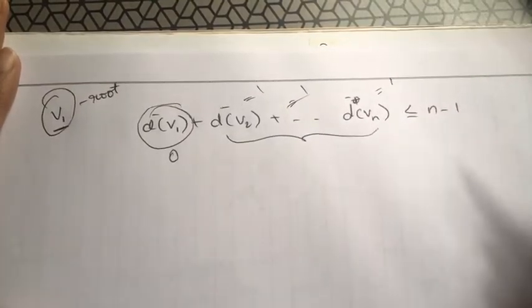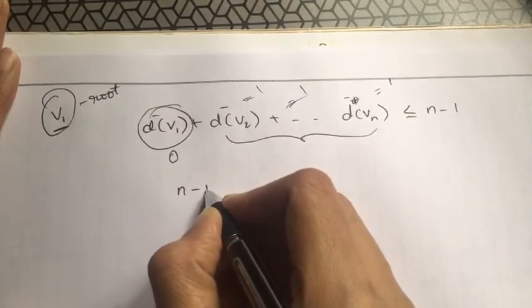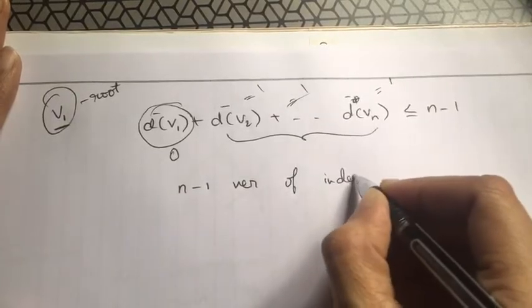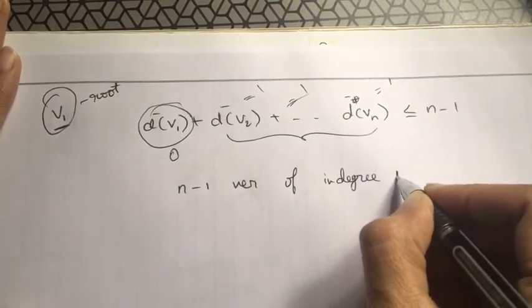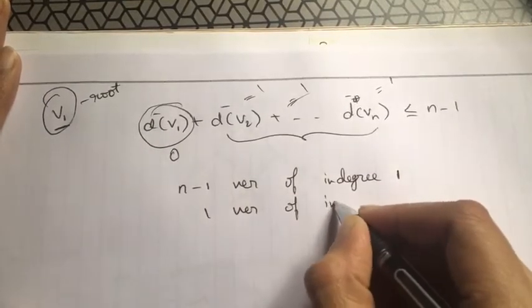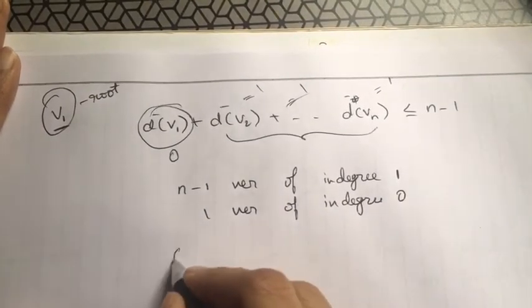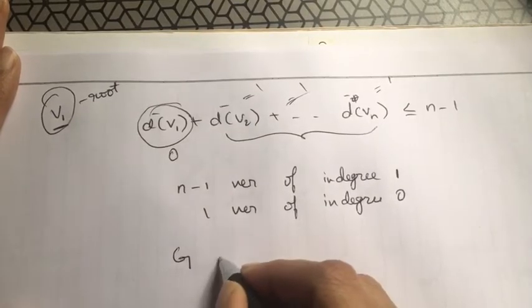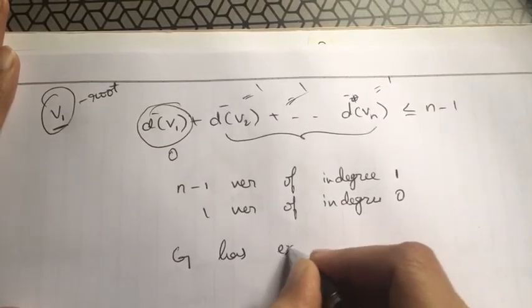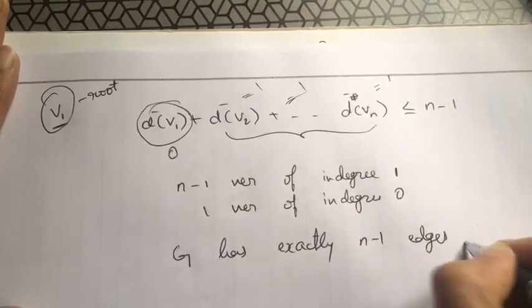Since there are exactly n minus 1 vertices of in degree 1, and one vertex of in degree 0, digraph G has exactly n minus 1 edges.